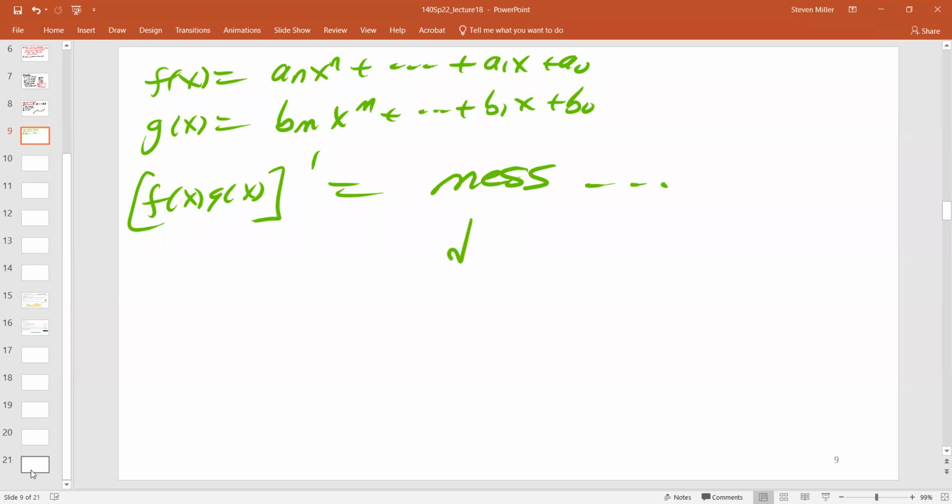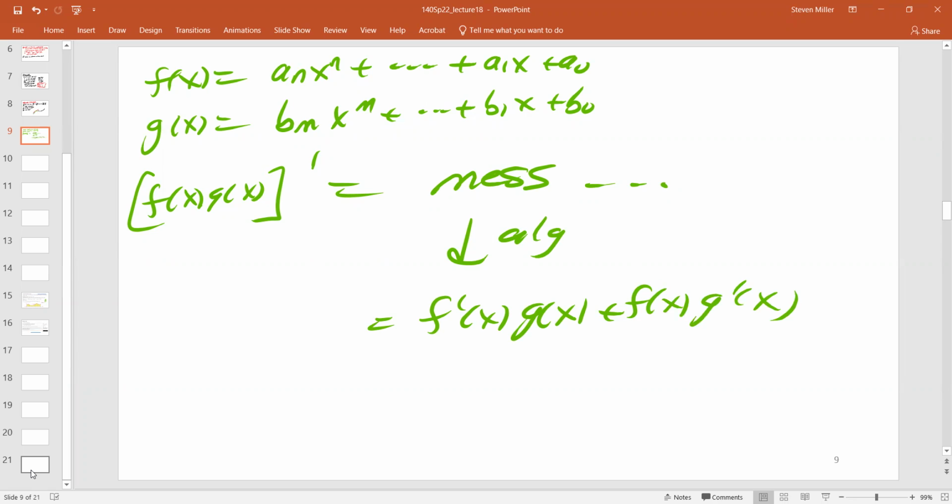And then do algebra, and then see that it is f prime of x, g of x, plus f of x, g prime of x. So if you want for extra credit, just do that. Just go through, do the algebra. It will work out. It's not horrible.